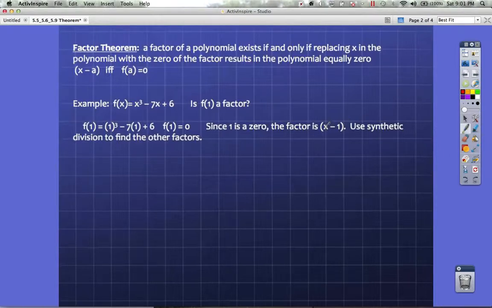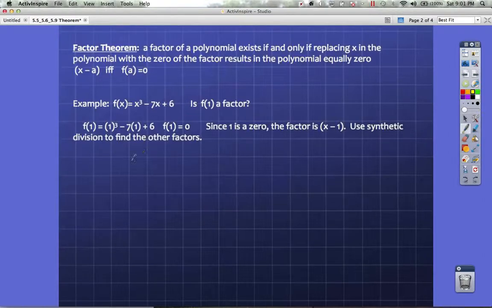From there, the whole point of this is to see if we can find the rest of the factors. So if we know 1, we can use synthetic division to find the other ones. So we'll go ahead and set that up. Remember when we're doing synthetic division that you're going to use the opposite, or solve this for 0.